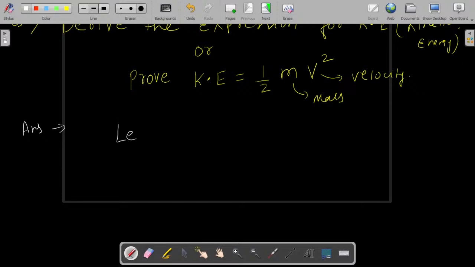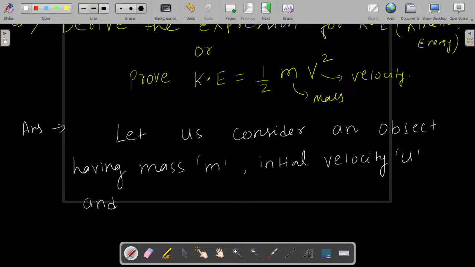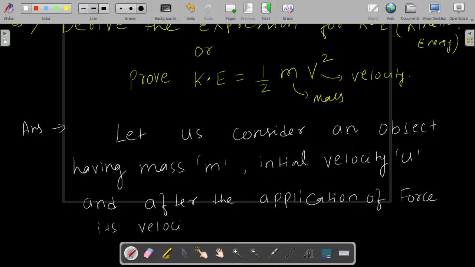Let us consider an object having mass m, initial velocity u, and after the application of force, its velocity changes to v.